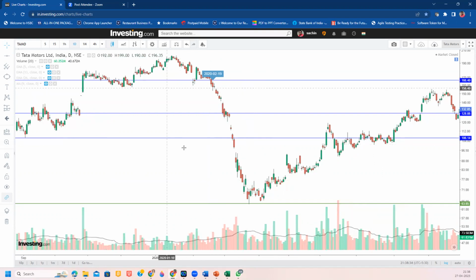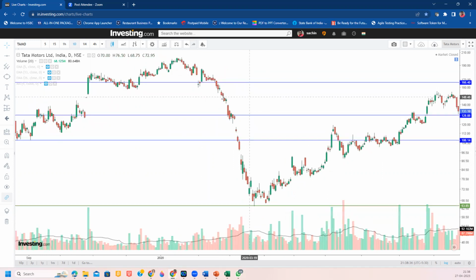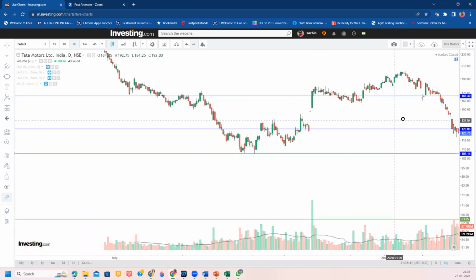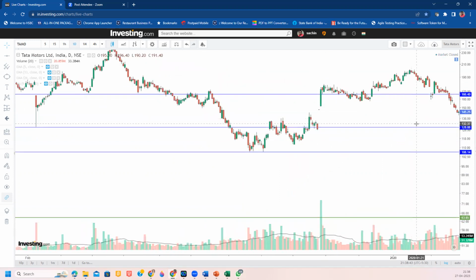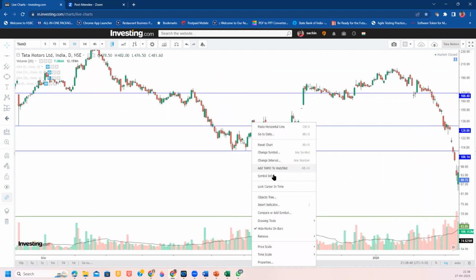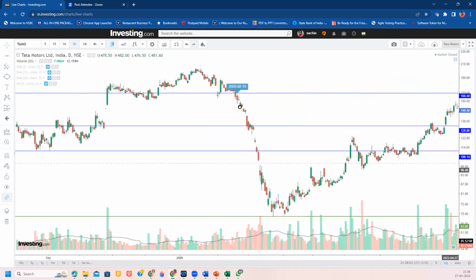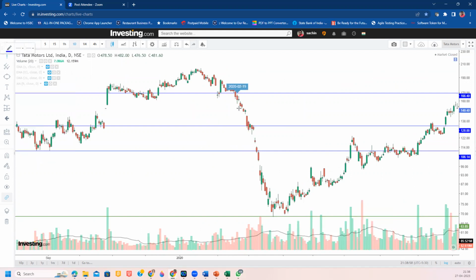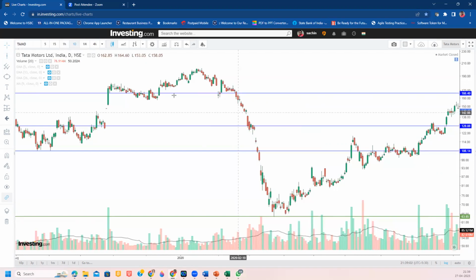So this is a daily time frame chart, and the date I'm choosing is 19th February 2020. If I go to that particular candle, I'll mark that candle for your reference. Yes, selected now.